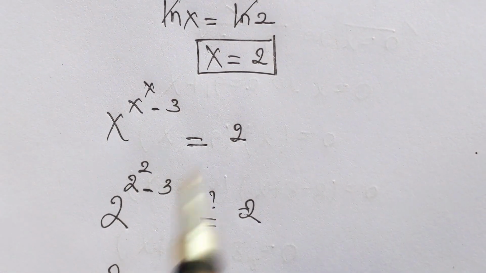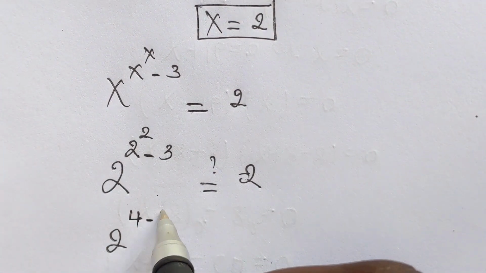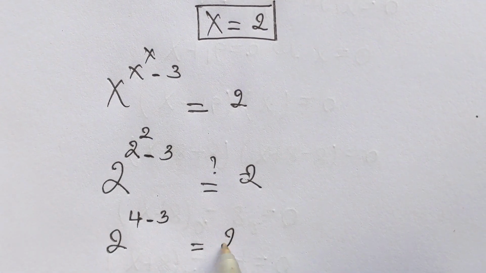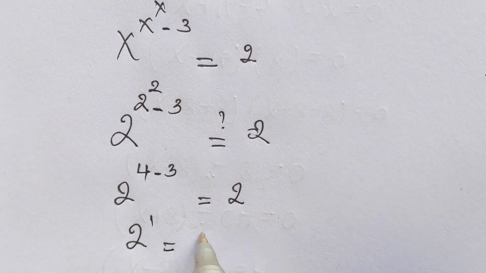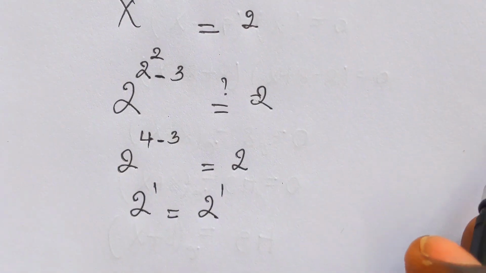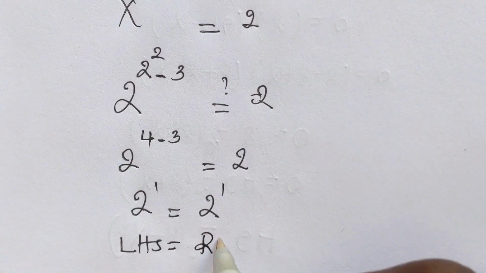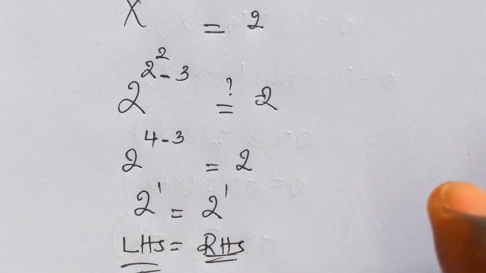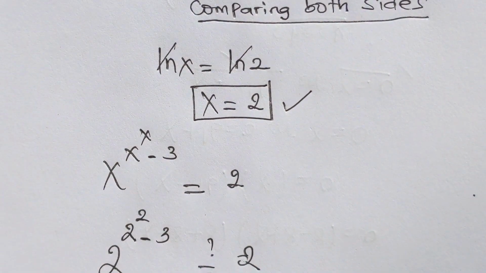And here we have 2 power 2 is equal to 4 minus 3, which equals to 2. And 2 power 1 is equal to 2 power 1. And you can say left hand side is equal to right hand side, to mean that our value of x is equal to 2.